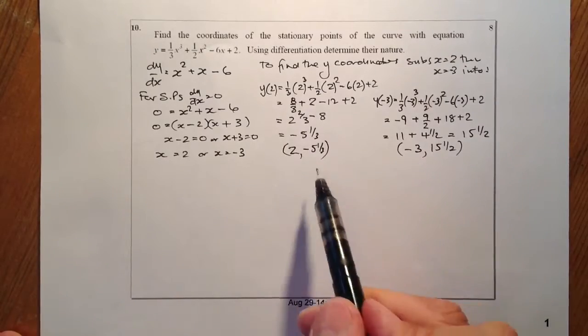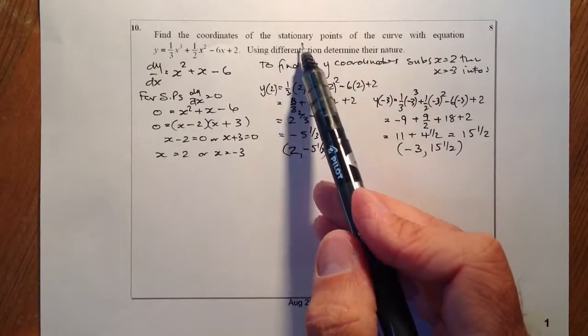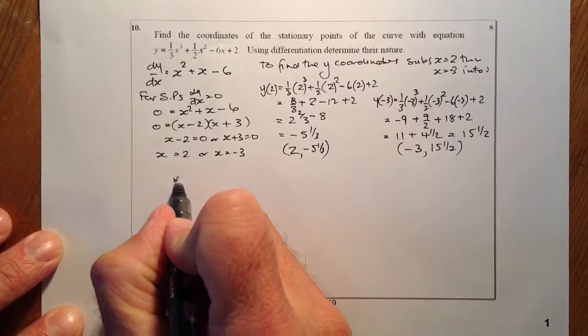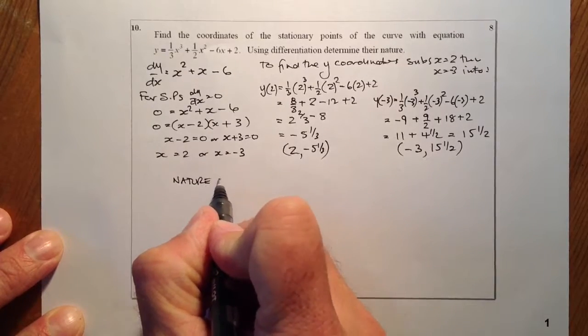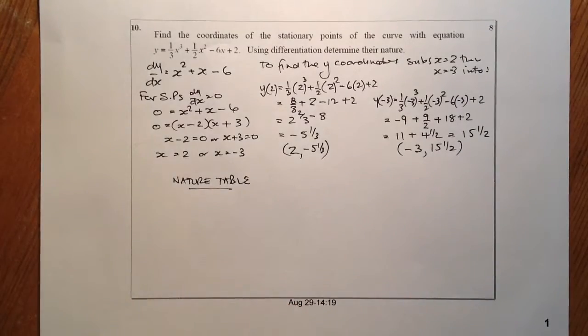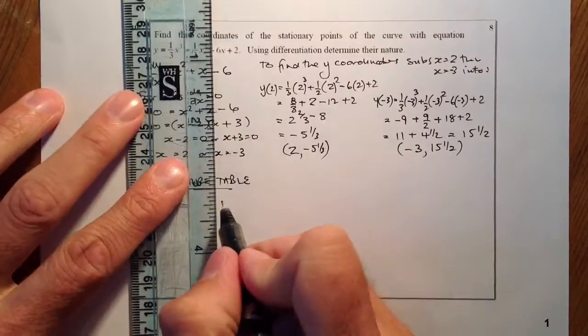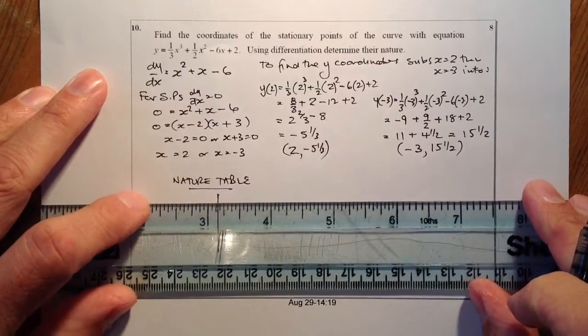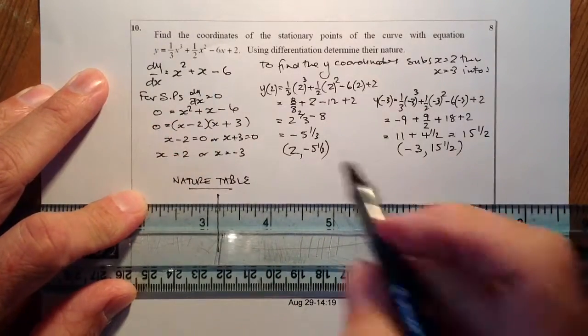So that's me got my coordinates of the stationary points. I just need to define what their nature is, and I'll do that by using a nature table. Right, so on this nature table, what we'll do is we'll get some x values going along the way.